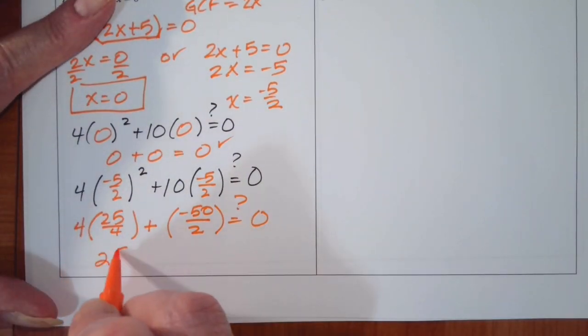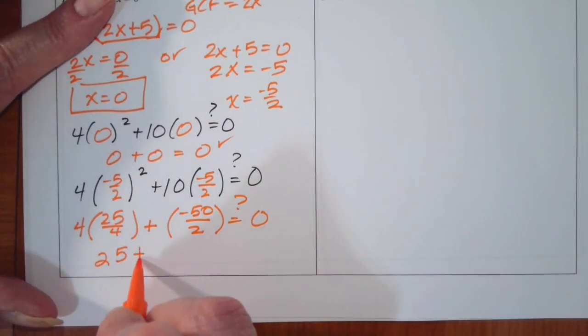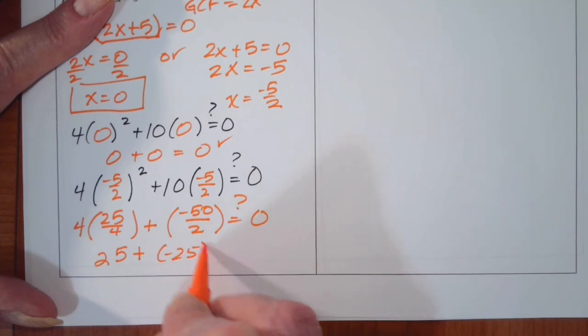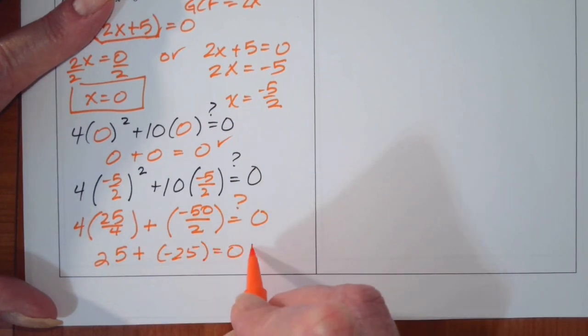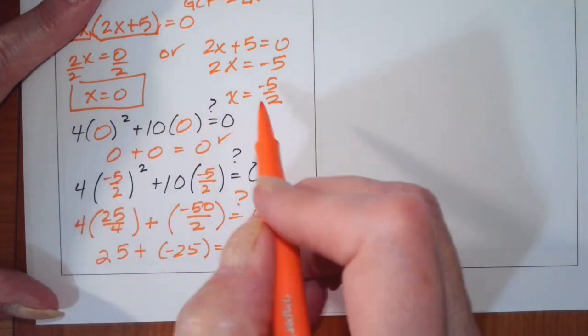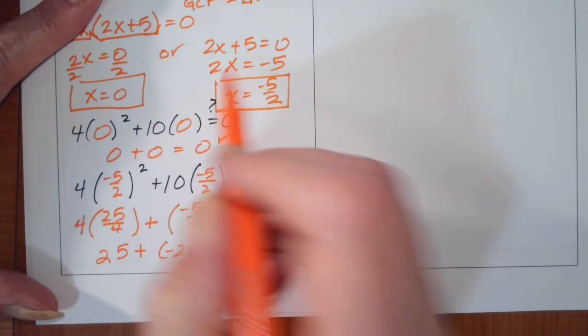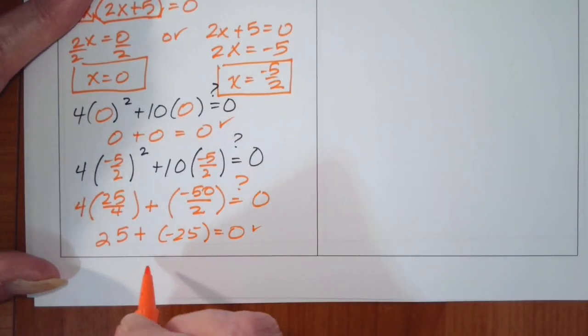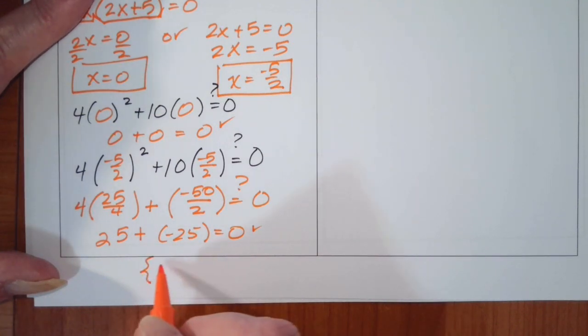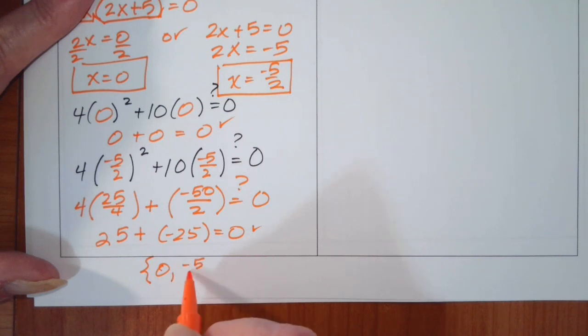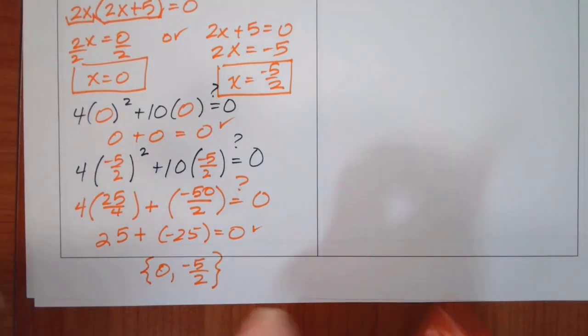So this gives me 25 plus negative 25 equals 0, which is true. So this also checks. So again, if I was asked to write this as a solution set, it would be 0, negative 5 halves, or the other way around.